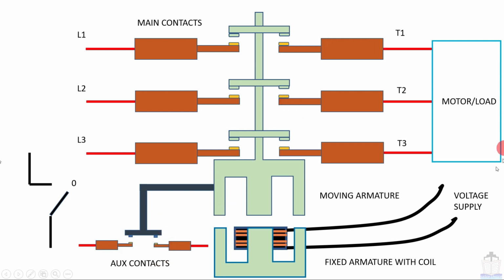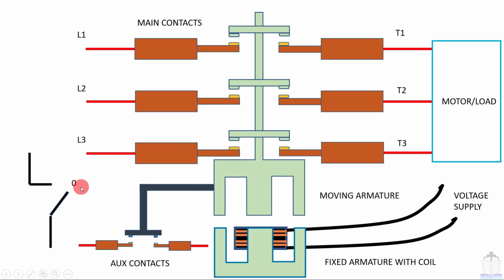Presently these two contacts are open, so this symbol is there, open contacts. When this moving contact comes down, both contacts will be closed. At present this is showing 0, meaning digital input is 0. When this is moved to here, it will become 1.